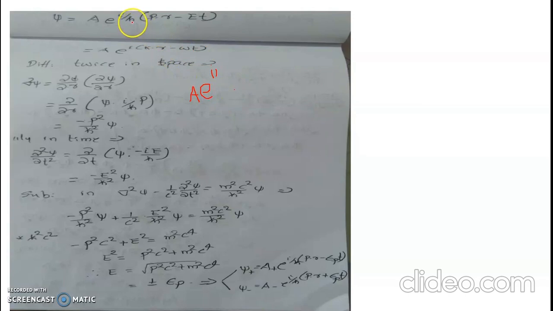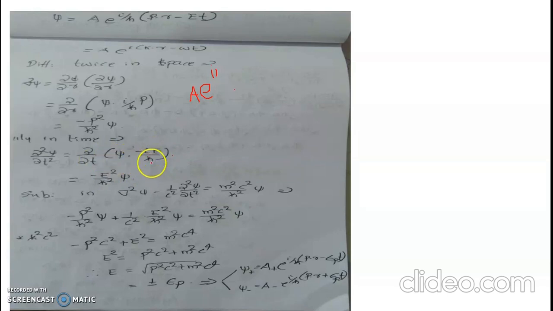A is a constant, and the exponential has a derivative that is the exponential itself, into the derivative of i by h cross into (p dot r minus Et), that is i by h cross into minus E, or minus iE by h cross. So the derivative of psi with respect to time is psi into minus iE by h cross. Again we take the derivative: minus iE by h cross is a constant, and the derivative of psi gives minus iE by h cross into psi itself.